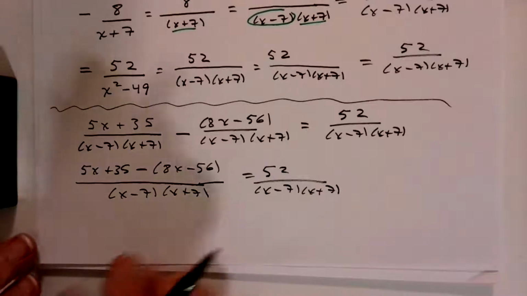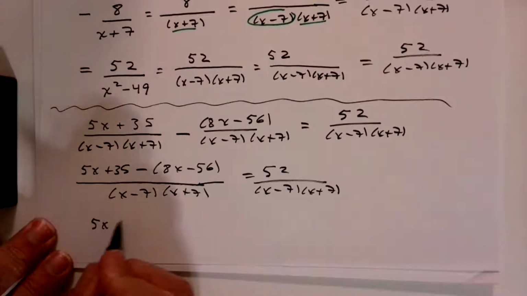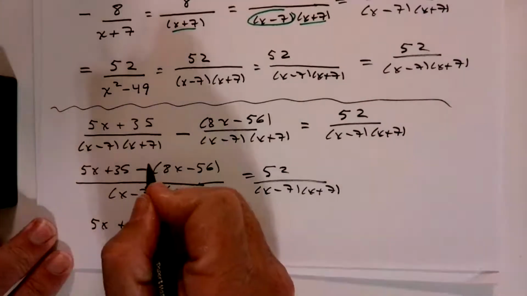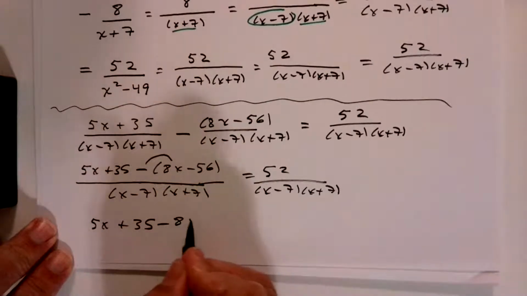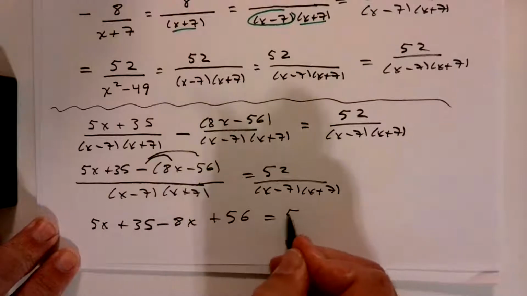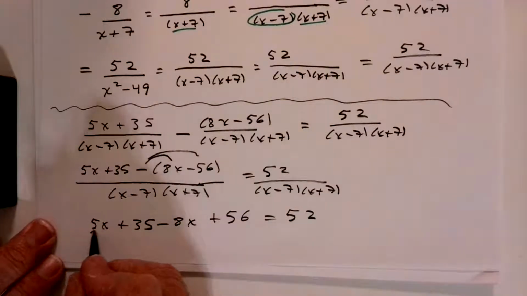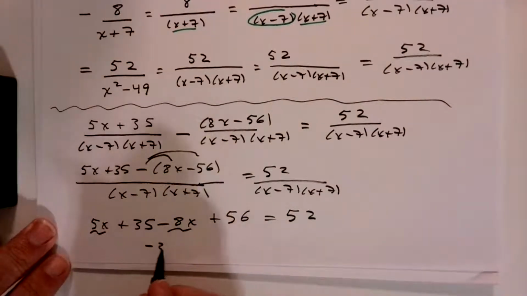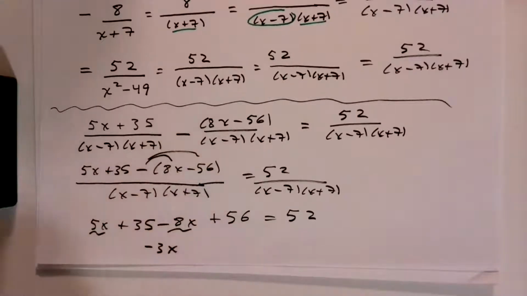So what is the top here? 5x plus 35. Let's distribute this negative: minus 8x plus 56 equals 52. 5x minus 8x is negative 3x. 56 plus 35 gives me 91.